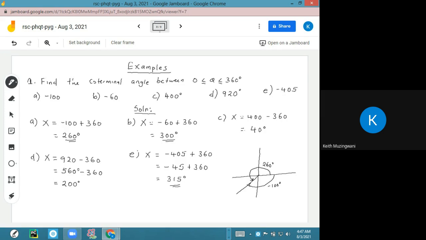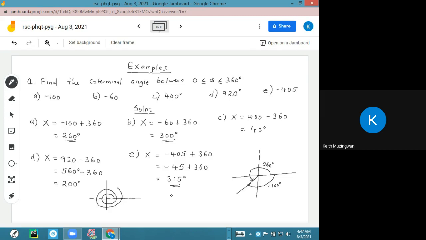So if it is 920, if we demonstrate for 920, it goes once, you reach here, it is 360. It goes again, you reach here, it is 720.